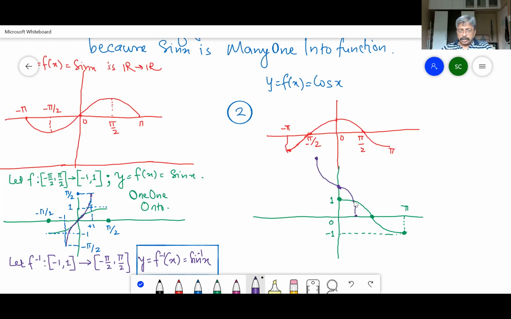Now you see this particular point of intersection is going to be on y is equal to x, the 45 degree line. Right? So this point is 1 now. This point is -1. This is 0. This is π/2.